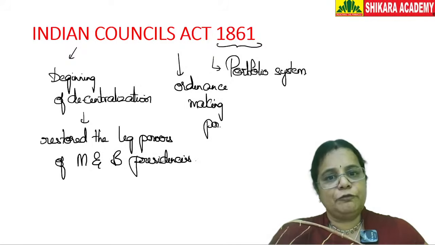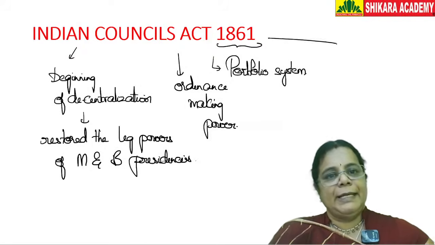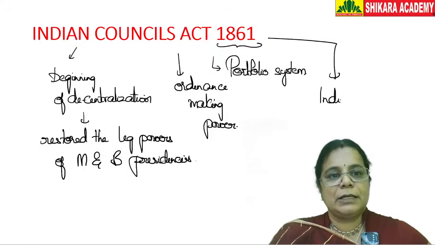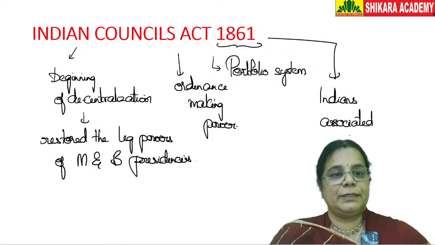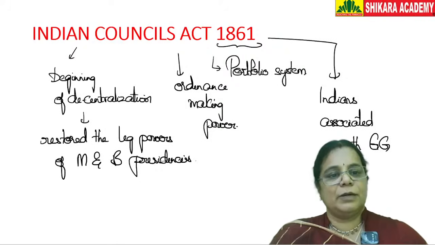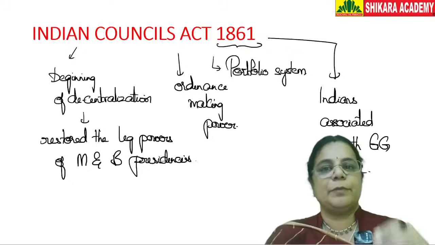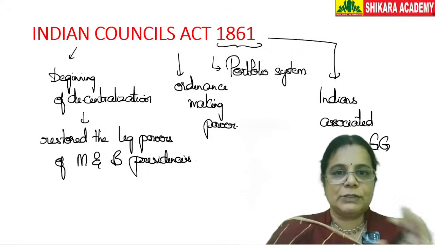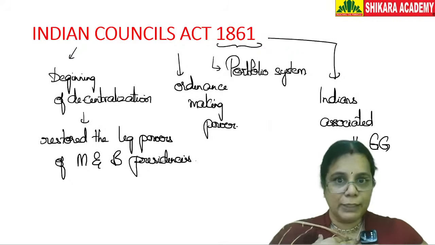And please remember, for the first time, Indians were associated with the Governor General's Council, with the Governor General's Legislative Council. For the first time, Indians became a part of the governance. So these are the most important things according to me.